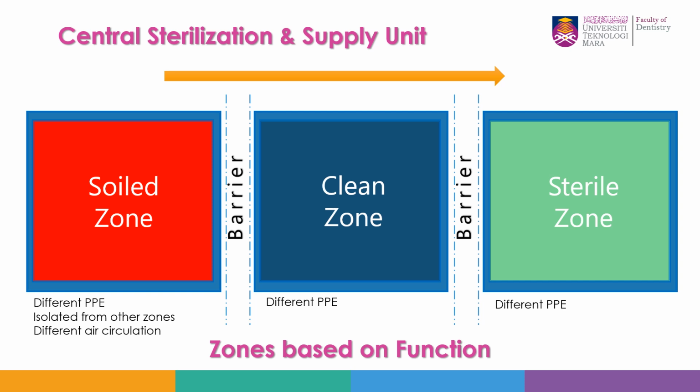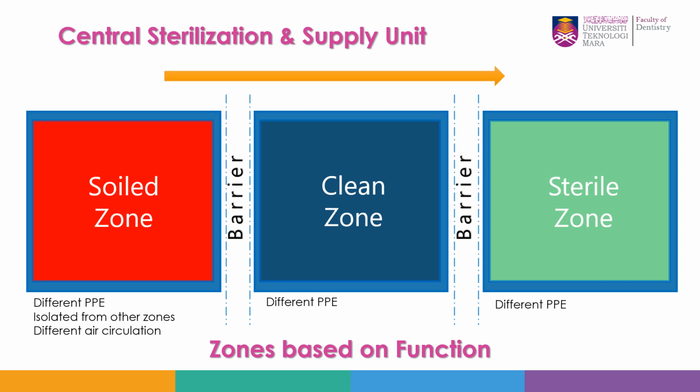When the dirty instruments arrive at the central sterilization and supply unit, they go straight to the soil zone, which we also call the dirty zone. The staff working there will have separate PPEs from other zones, isolated from other zones, and they have a different air circulation.